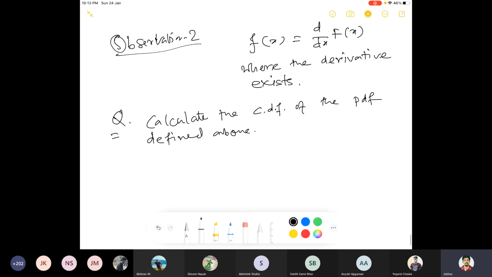That was f(x) equal to k equal to 3, 3e^(-3x) when x is bigger than 0, and 0 otherwise.